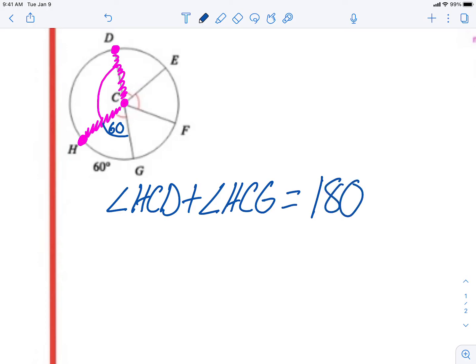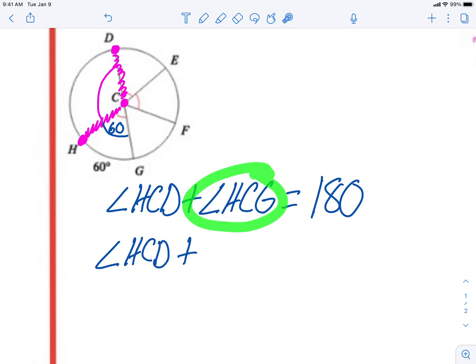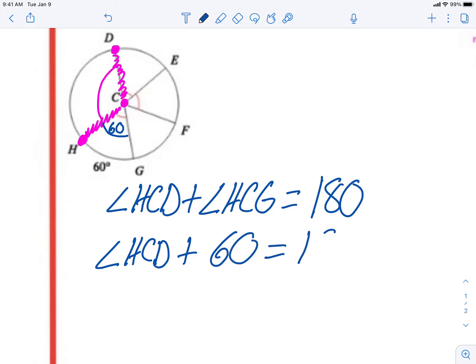Now what I can do, guys, is substitute. I don't know what angle HCD is yet, so I'm going to leave that as angle HCD. But, kiddos, I know what angle HCG is: 60. So angle HCD plus 60 is equal to 180.